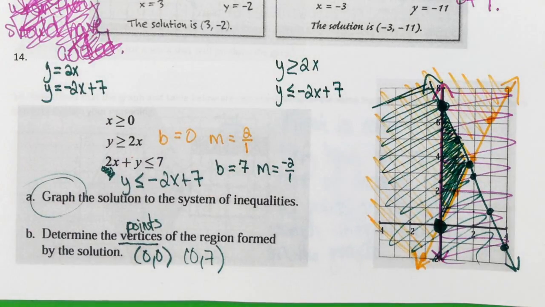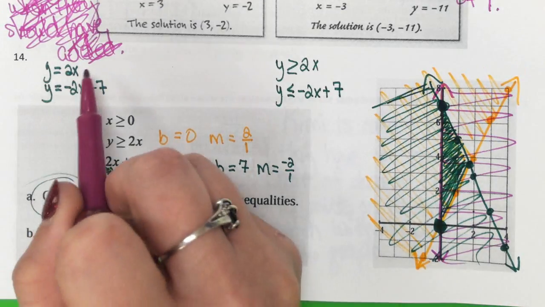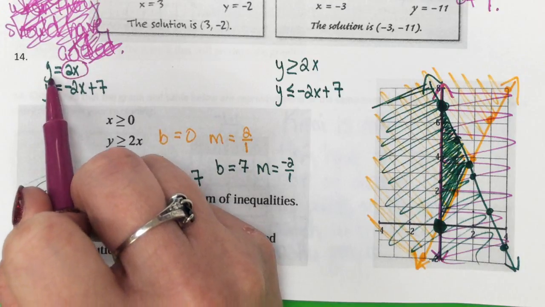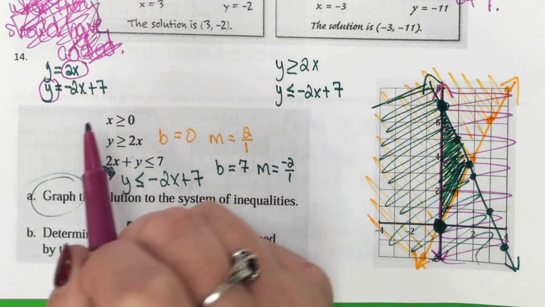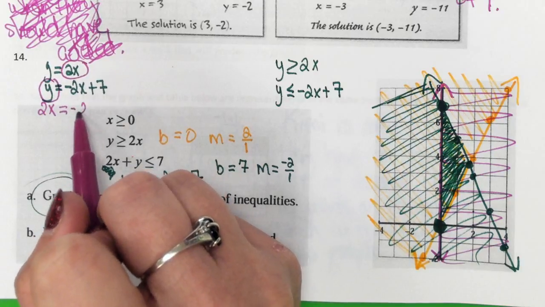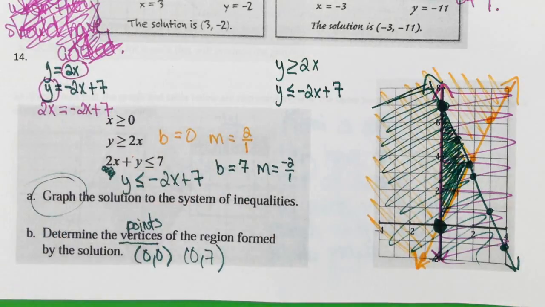So, since we have a letter by itself, what letter do we have by itself? We have y by itself, right? Actually, we have two y's by itself, but let's do this one. What is y equal? 2x. Do you see another y that I could plug that into? Yeah. So we have 2x equals negative 2x plus 7.